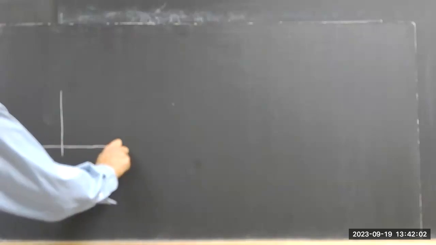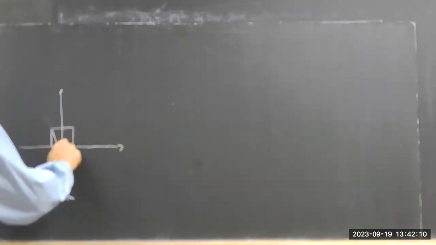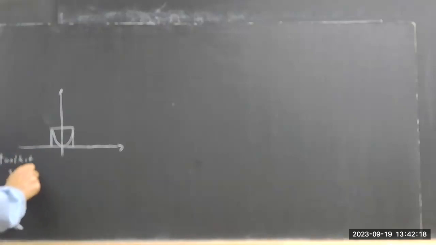So here's the toolkit square function in its 4x4 box. There's a rule for extending this function.